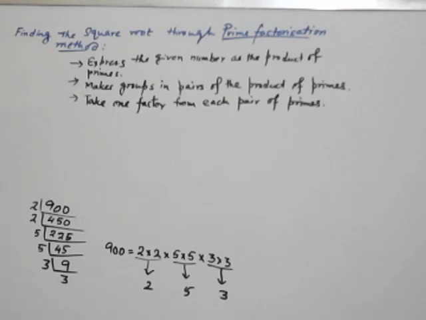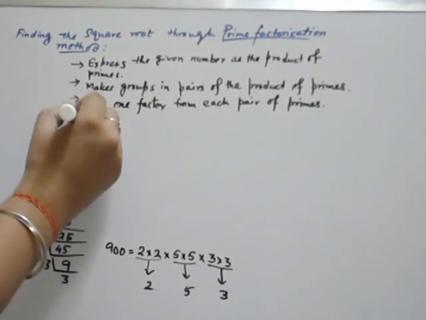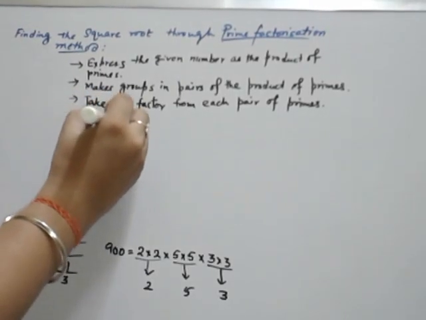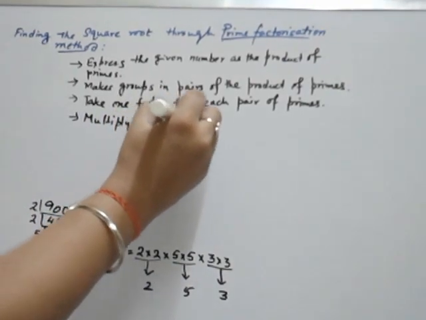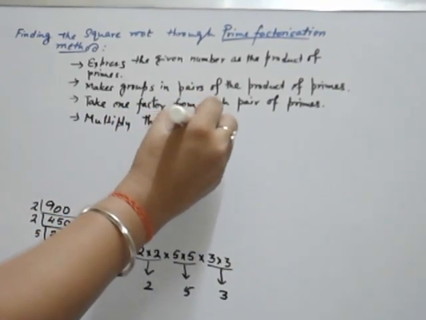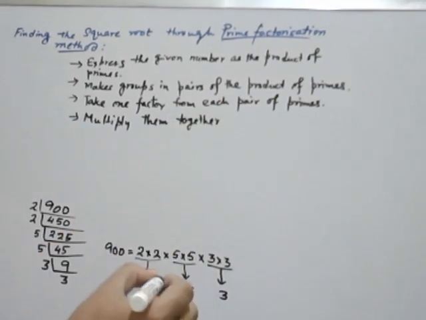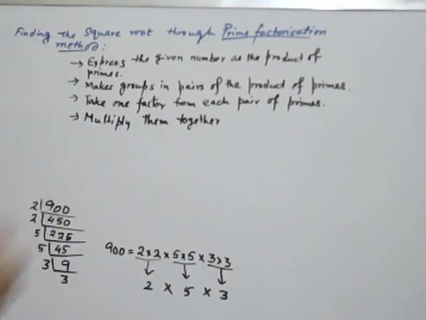Now step 4 is multiply them together. So you multiply this.